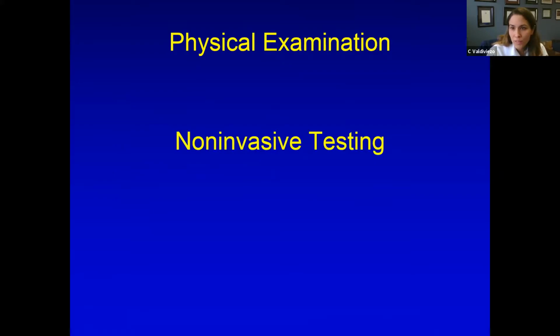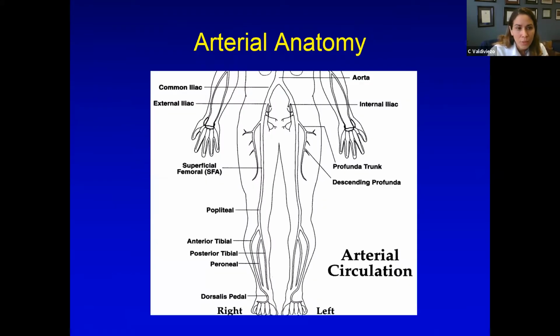Now, in terms of non-invasive testing, let's quickly review the arterial anatomy of the lower extremities. So the aorta bifurcates into the common iliac arteries, and then further bifurcates into the external iliac artery and the internal iliac artery, which will go to the pelvic organs.